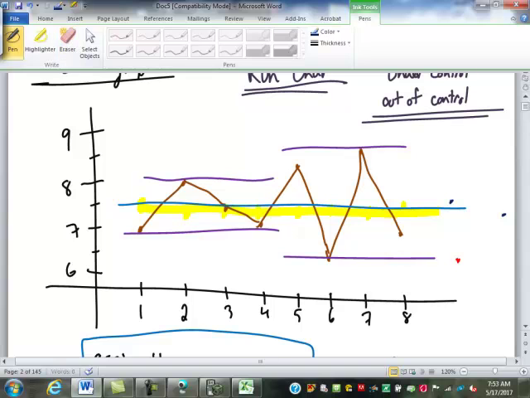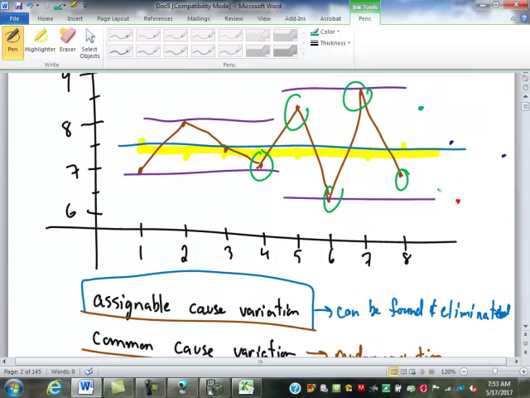The other thing that concerns me about this, I get my extra points out of here. At the end here, I have 1, 2, 3, 4, 5 points in a row that are going up, down, up, down. I can almost predict that the next point's going to go up, can't I? Anytime you get a pattern that is predictable, that means that there is most likely an assignable cause.